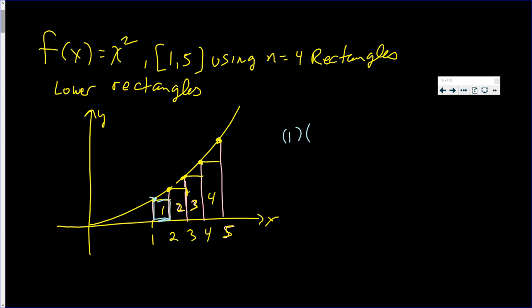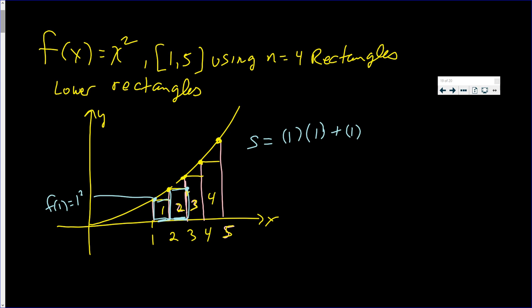The height is f of 1, which is 1 squared, which itself is 1, plus the second rectangle, so I'll say small s for lower. Now we talk about the second rectangle. The base is still 1. And the height is here.